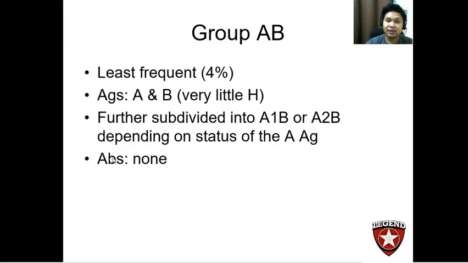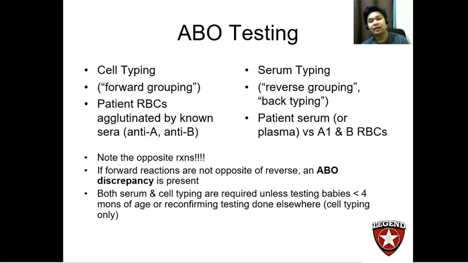As for the antibodies, they do not produce ABO antibodies. Now for ABO testing, there are two types. You have your cell typing or serum typing. Cell typing is known as forward grouping, wherein the patient RBCs are agglutinated by known sera. So for forward grouping, what we are trying to detect are the antigens present on the RBC of the patient or of the recipient.